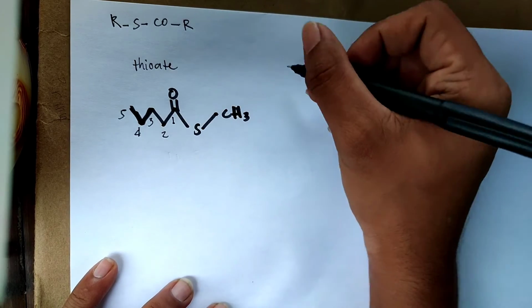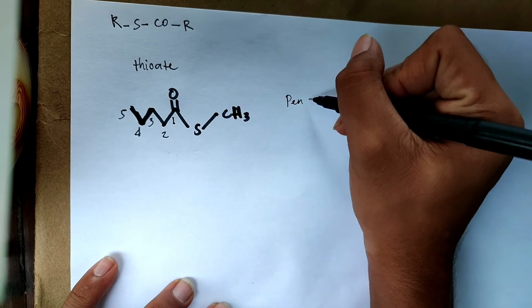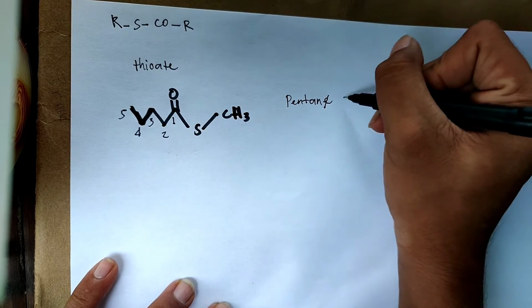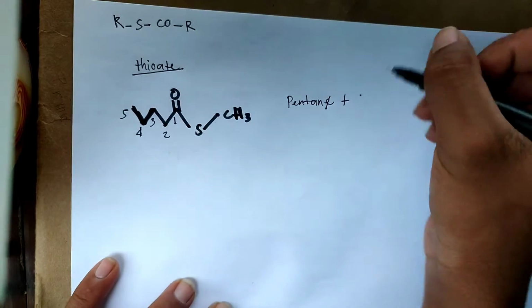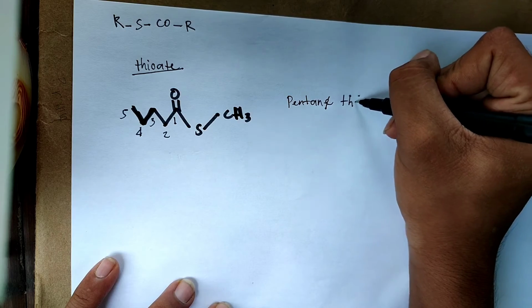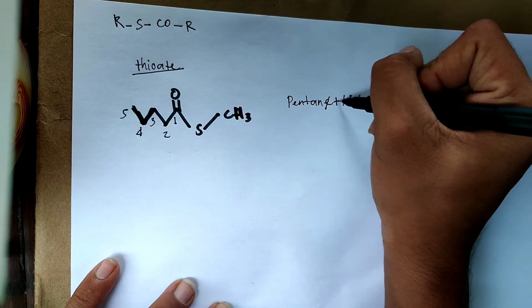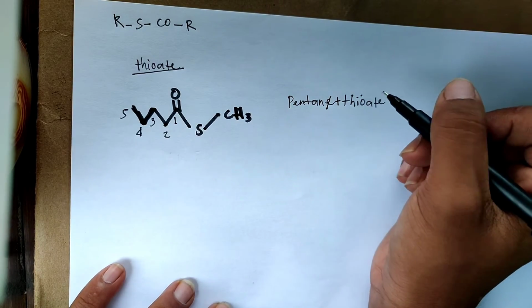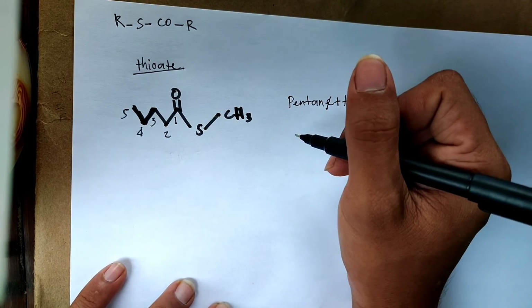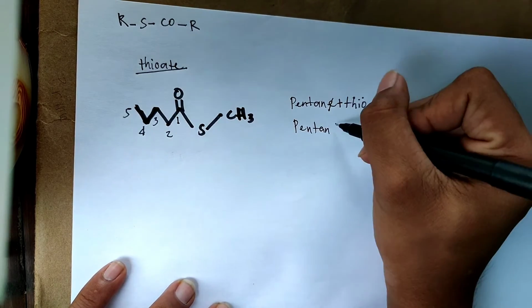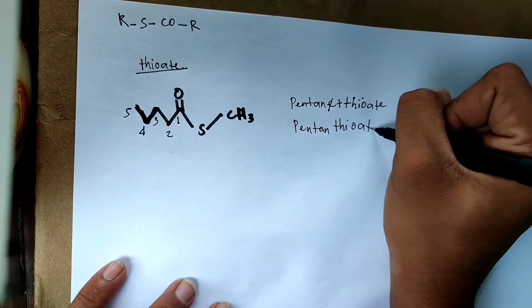So in naming this, we should do this like this one. Pentane. Kukunin natin yung E, magdaragdag tayo ng thioate. Ayan. Thioate. Magdaragdag tayo ng thioate. So magiging pentanethioate.